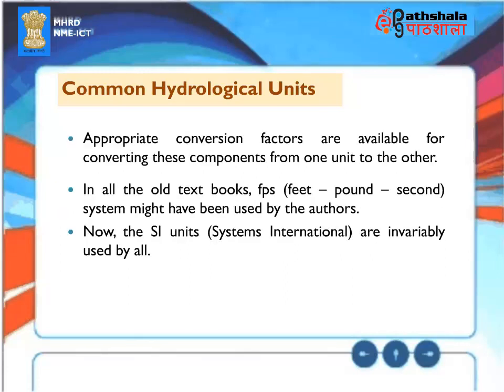Appropriate conversion factors are available for converting these components from one unit to the other. In all the old textbooks, FPS, the foot pound second system, might have been used by the authors. Now, the SI units, Système International, are invariably used by all.